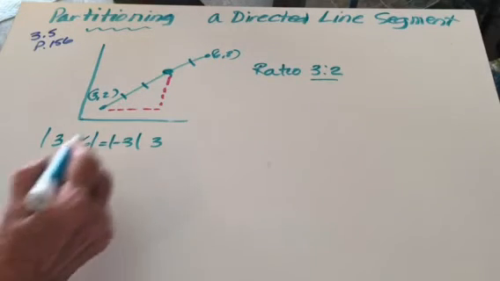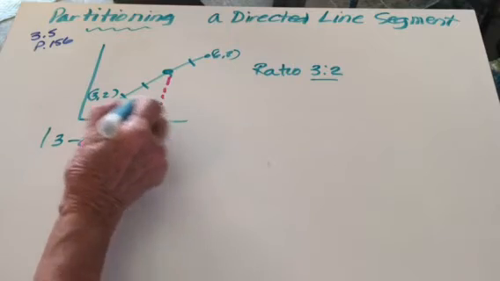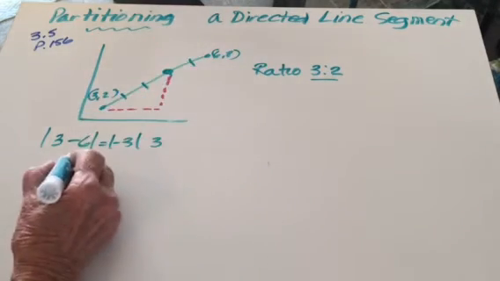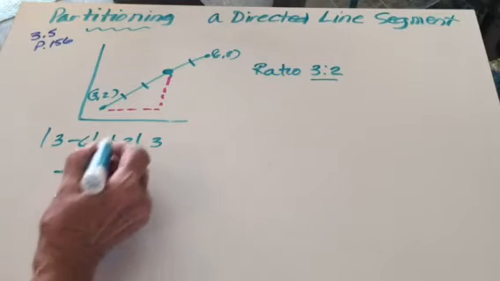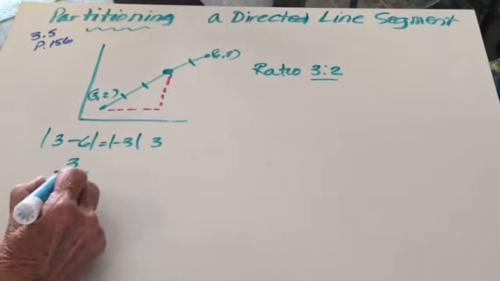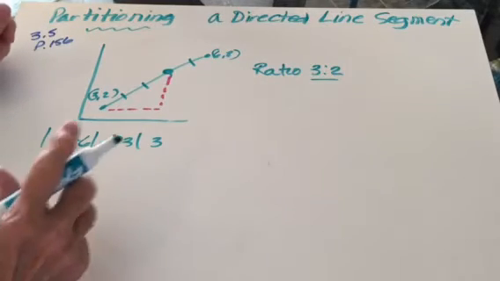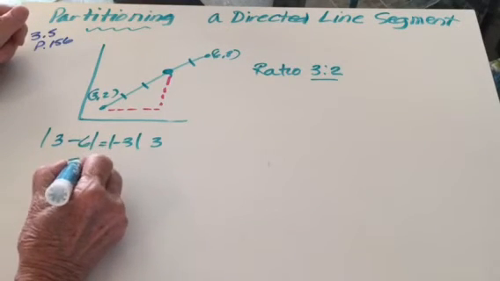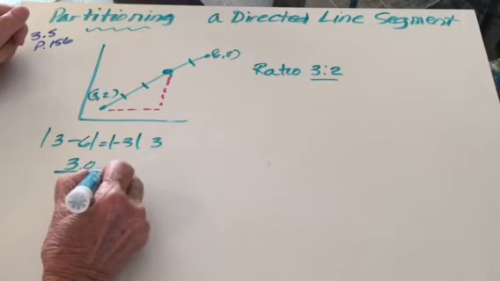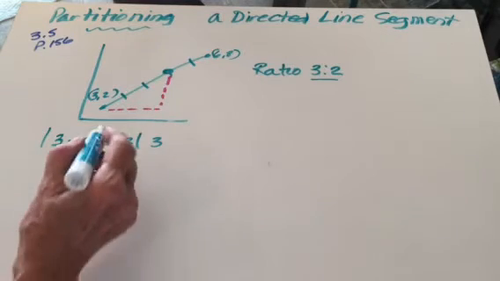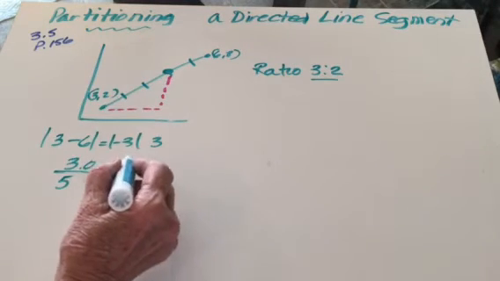If I divide that number 3 into 5 sections, how much will each section be? Well, 3 divided by 5 is 0.6, so each little section is 0.6.